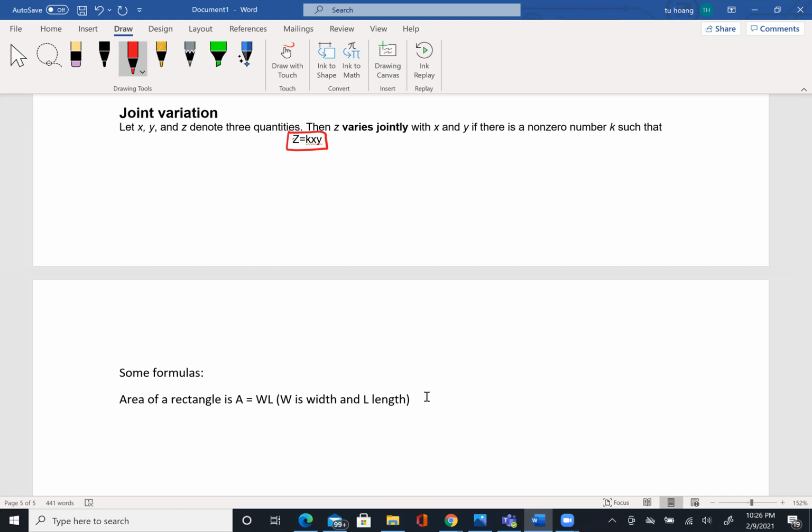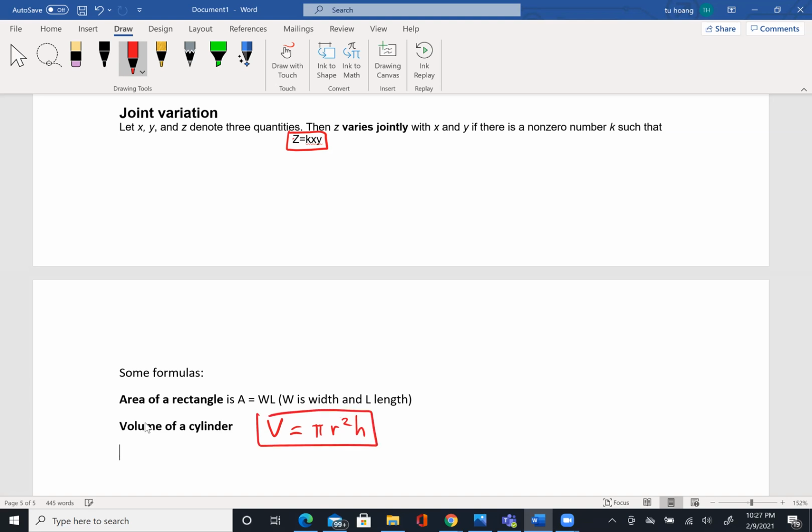So what else do I have? I have the volume of a cylinder, which is V equal to pi r squared times h.